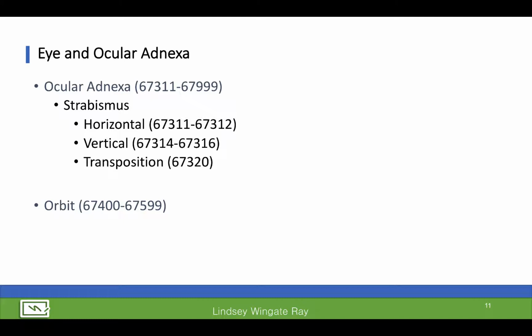With the transposition procedure 67320, the superior rectus muscle, one of the extraocular muscles, is transposed or moved. Adjustable structures can be placed in strabismus surgery, 67335. This section of the CPT contains valuable pictures worth reviewing to make sense of these procedures.